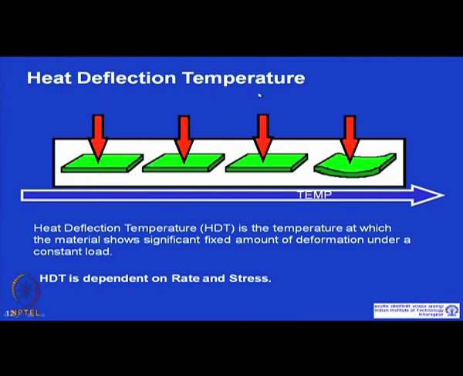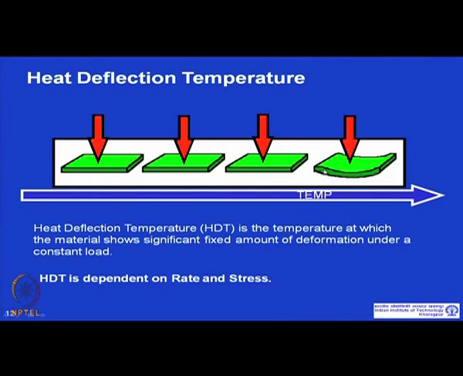This is from a practical point of view. This is the temperature where it starts softening. The polymer actually starts softening under some load. So, the heat deflection temperature is the temperature at which the material shows a significant amount of deformation under a constant load. Now, this significant amount is prefixed.